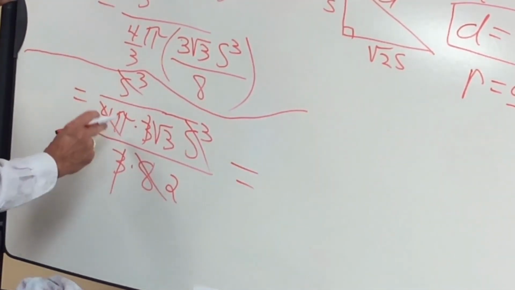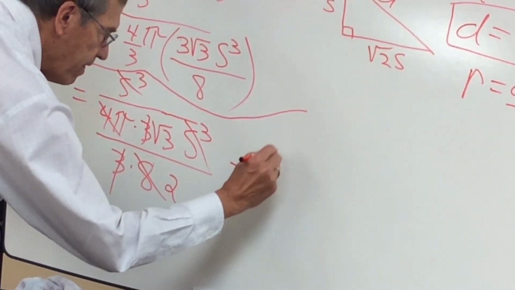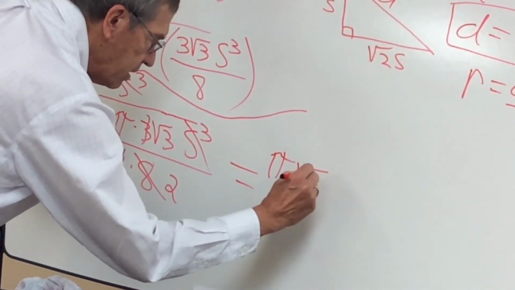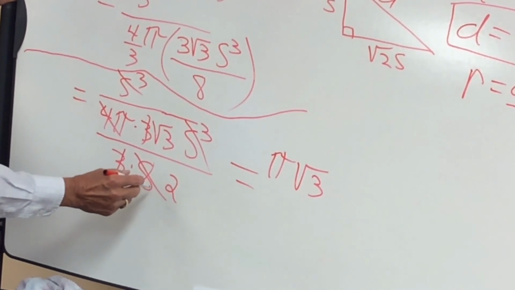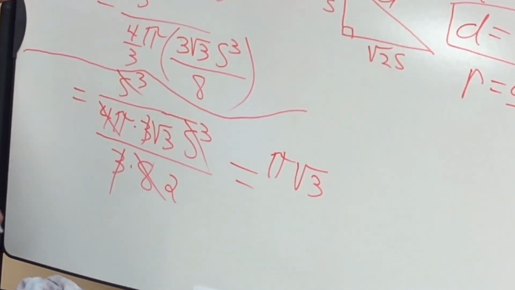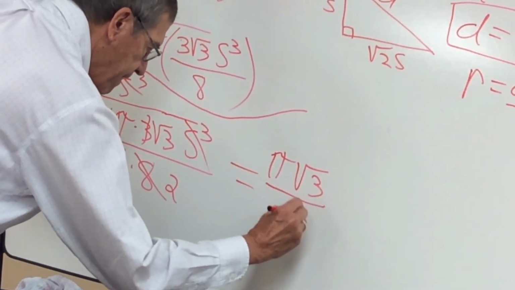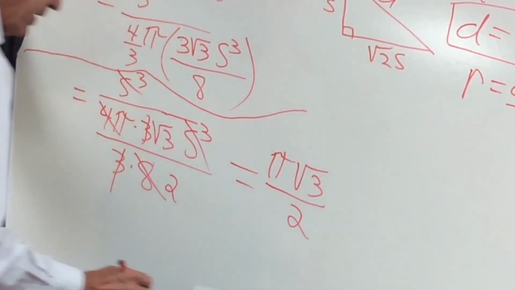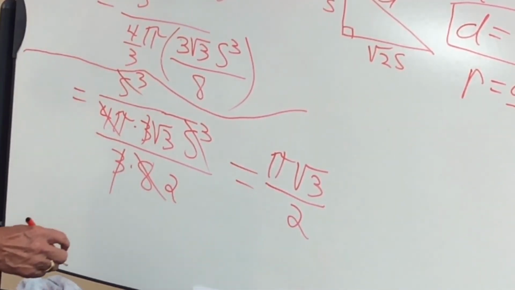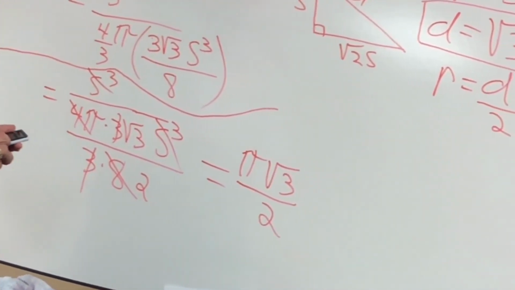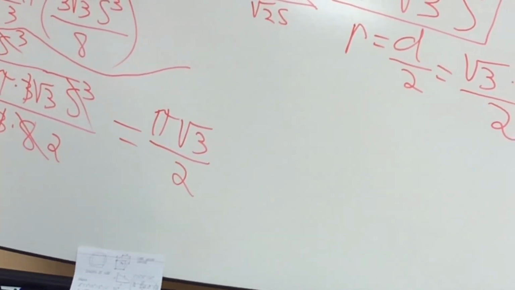I have pi. I have a square root of 3, and I have a 2 left over because 4 canceled out and became a 2. So, now I can put that in my calculator, and let's see what we get.